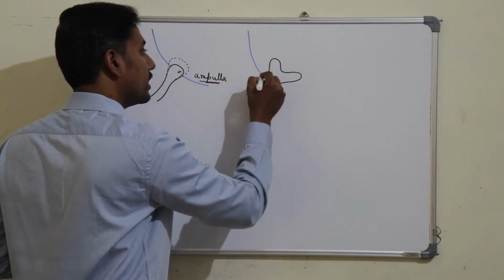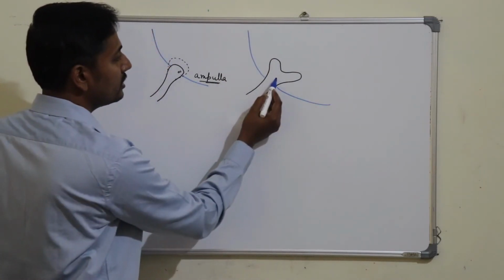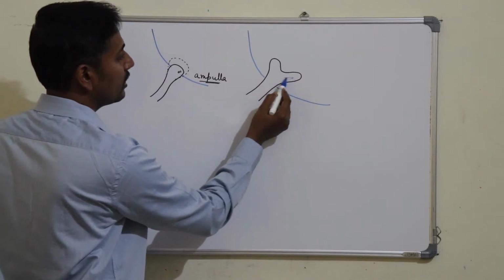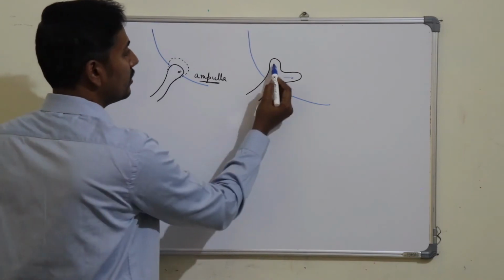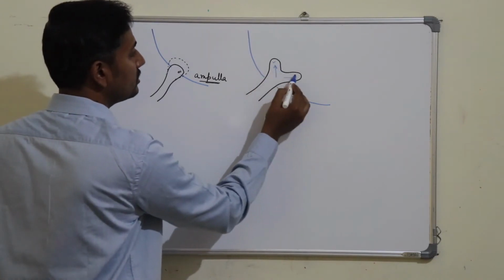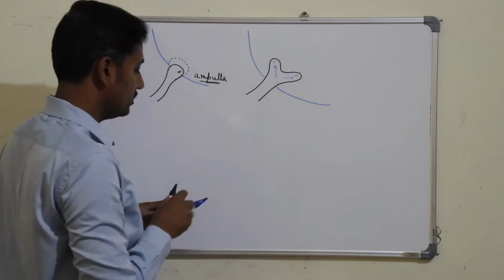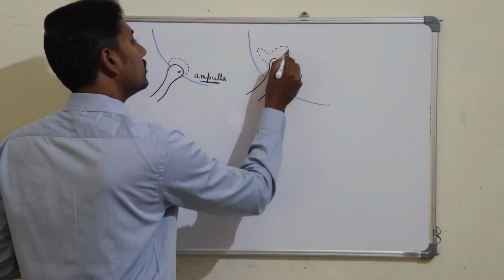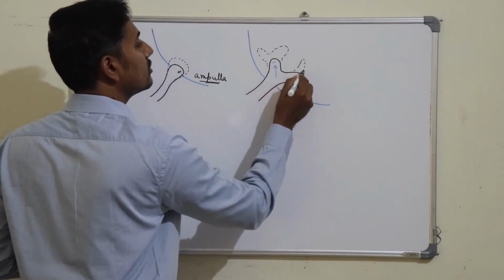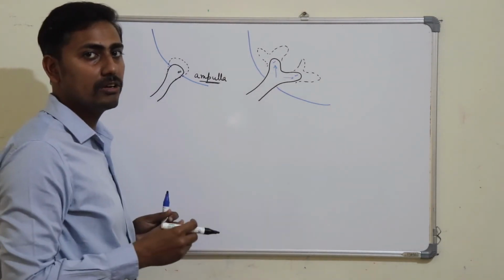This was the metanephros. Here you can see the ampulla has got divided into two branches. Now there are two growing ends. These growing ends will again start branching like this, and there will be many generations of branching.